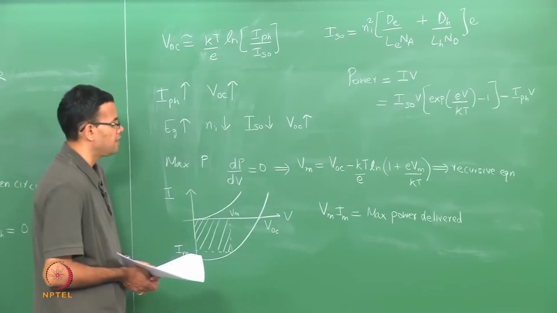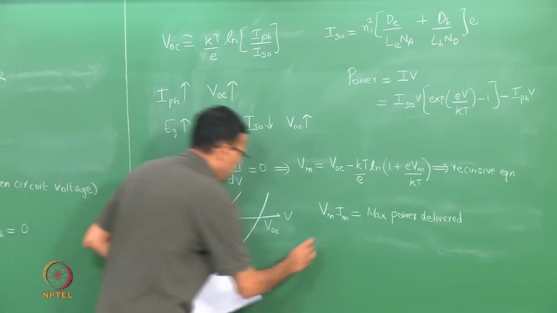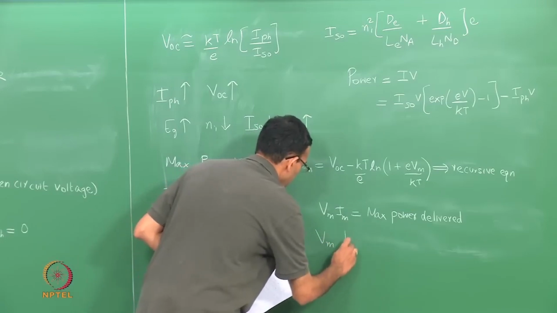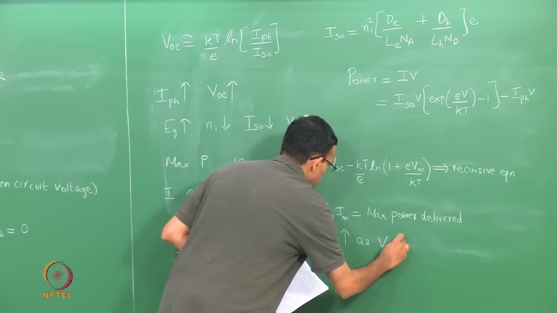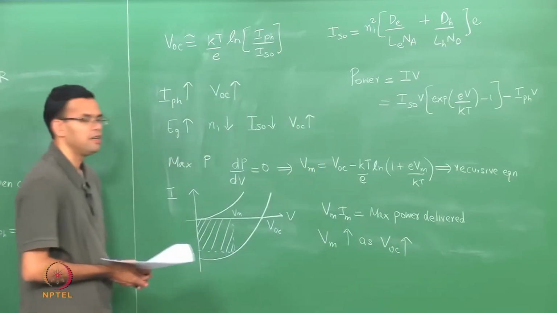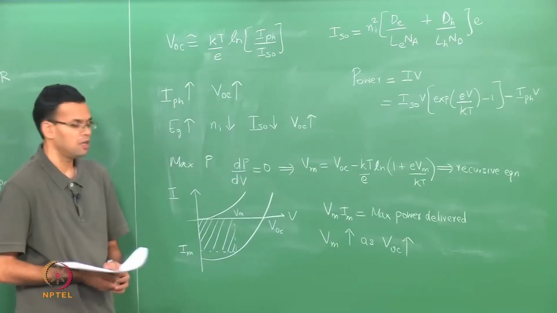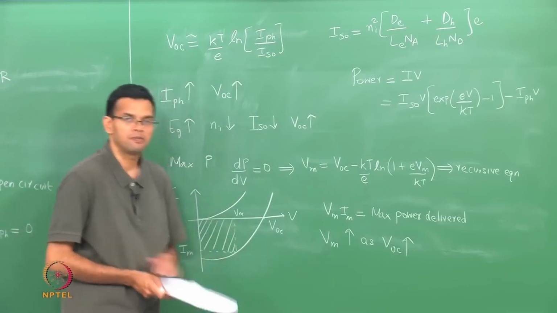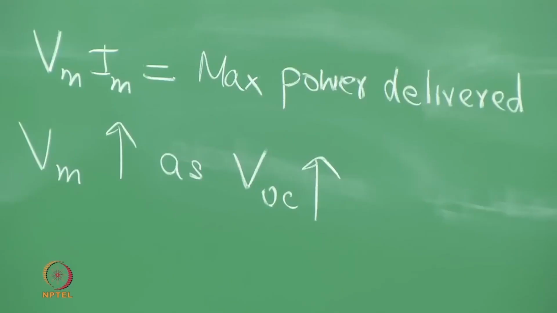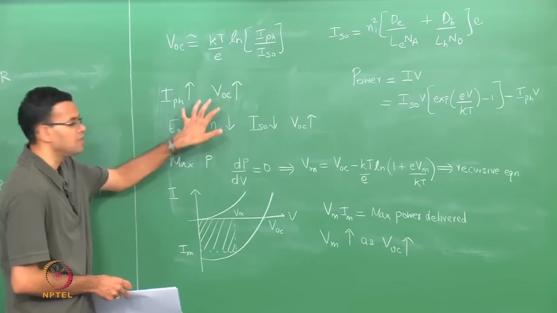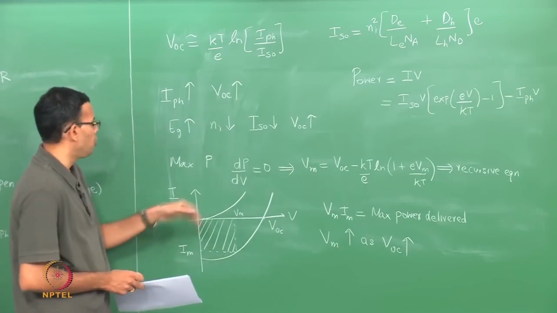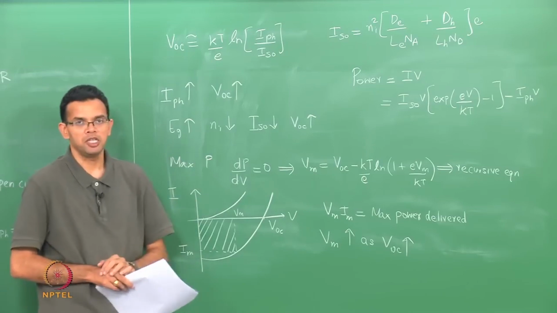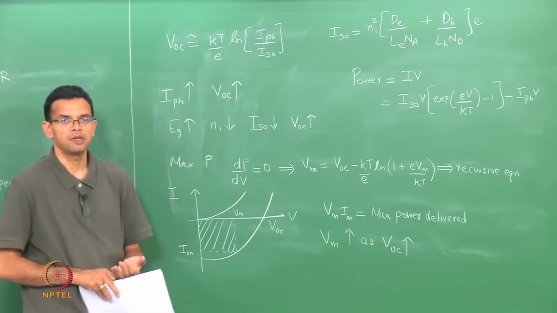If we do the calculation, we find that Vm will increase as VOC increases. So, higher your open circuit voltage, higher the value of Vm. So, one way of increasing VOC is to increase the intensity of the radiation, and the other way we saw was to have a p-n junction with a higher band gap.